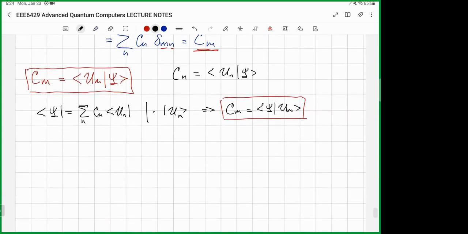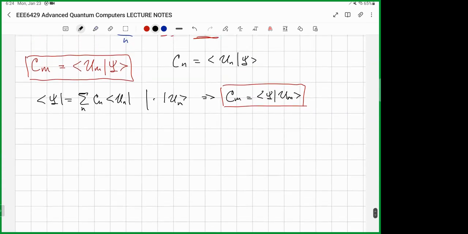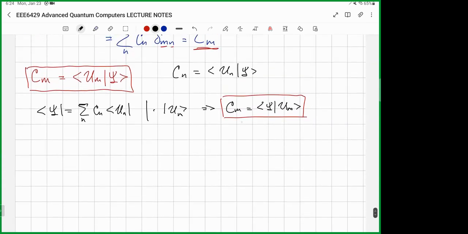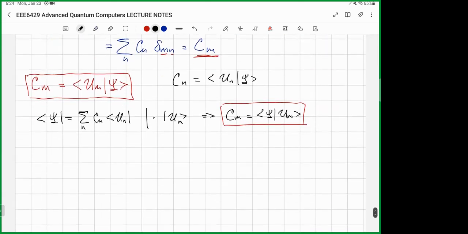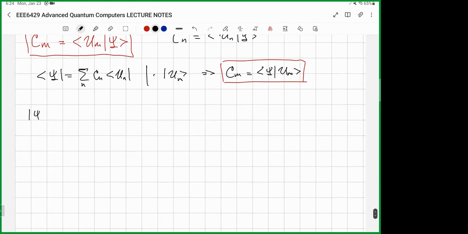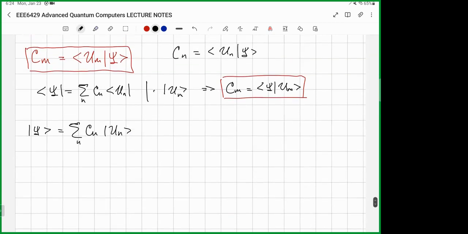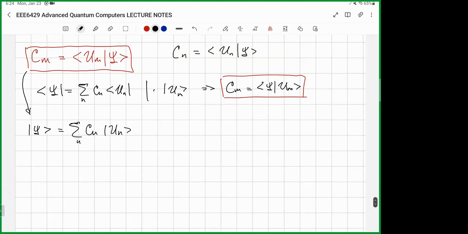But now let's use this fact and rewrite this. So let's return to this formula, the representation of psi vector as a sum of Cn un, right? So now let's use this fact and plug in this formula to this one.